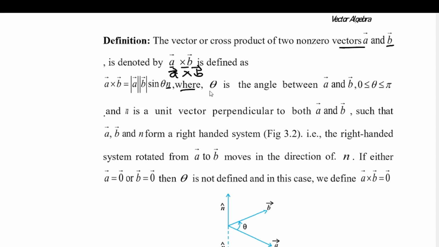So theta represents the angle between these two vectors, such that the angle is greater than or equal to 0 and less than or equal to 180 degrees. Alright.